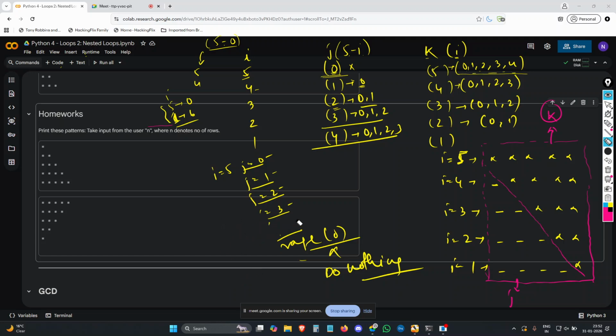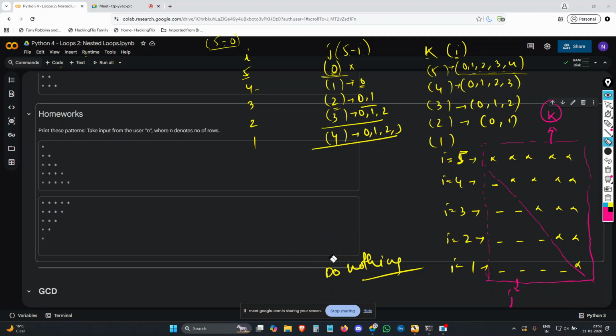Once you understand the time complexity there and come back here, you will understand what the time complexity for this one is. So that is not an issue.